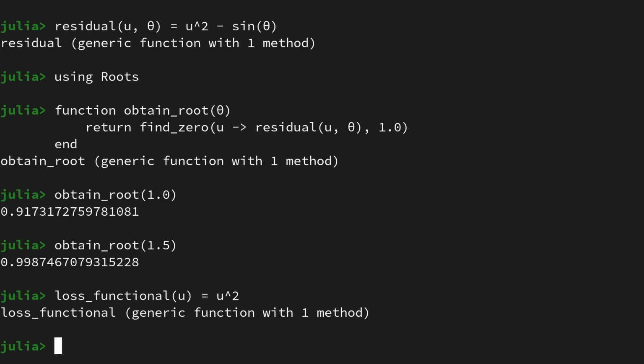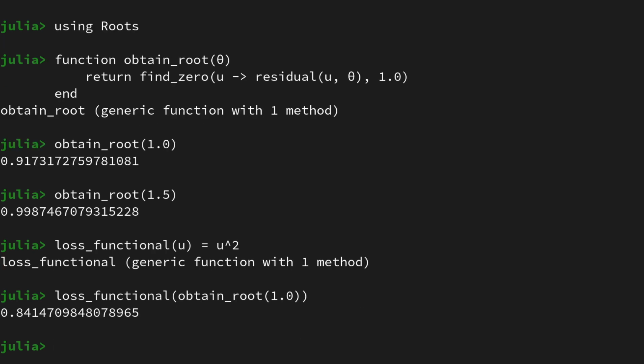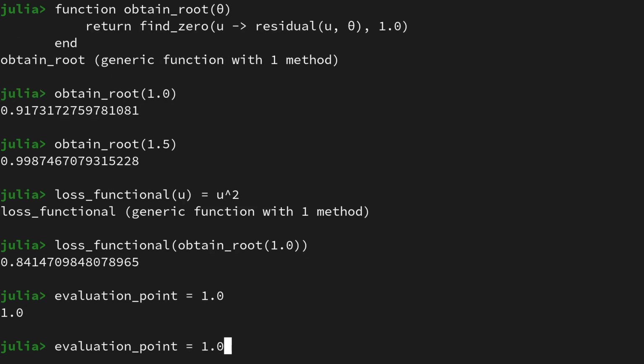Then we can kind of chain it by saying we want to apply the loss functional to whatever value we got out of this obtain_root helper function. So we say loss_functional on obtain_root, and here let's for instance plug in 1.0, and maybe let's make that more verbose and call it the evaluation point, and plug in here the evaluation point.